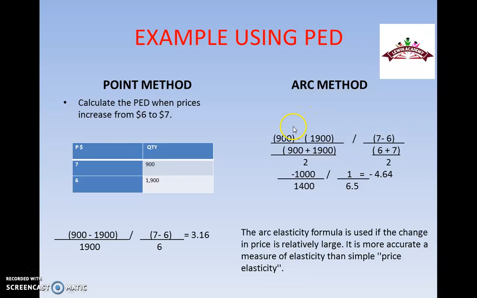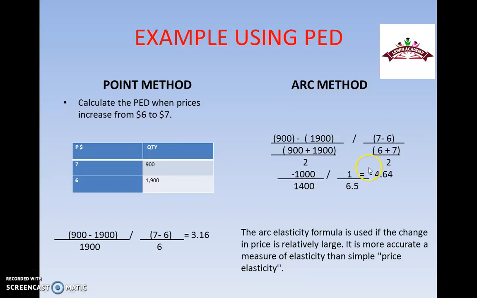So we have 900, which is Q2, minus 1,900, which is Q1, all divided by the average of those figures. Then we do the same thing for the price: 7 minus 6, all divided by the average of the price. If you do your calculation, as you see here, we have negative 4.64.